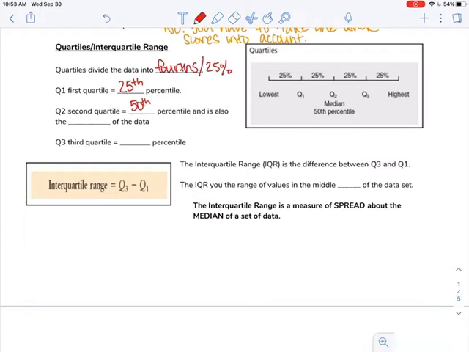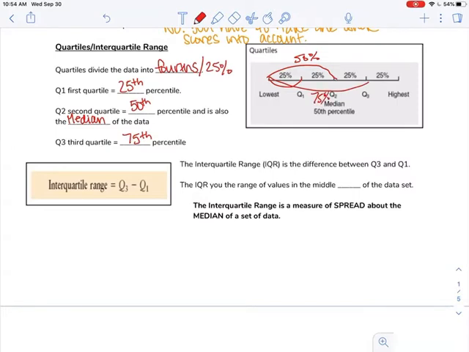And also know that it represents the median of the data, right? Because the median's the middle. And lastly, our third quartile is in the 75th percentile. Okay, so here's our quartile 1, our quartile 2, right? And then our quartile 3.